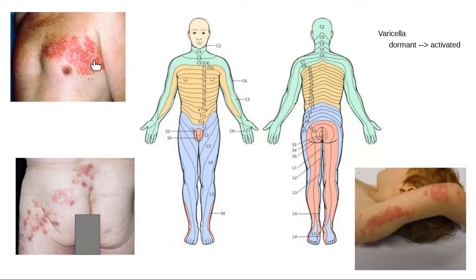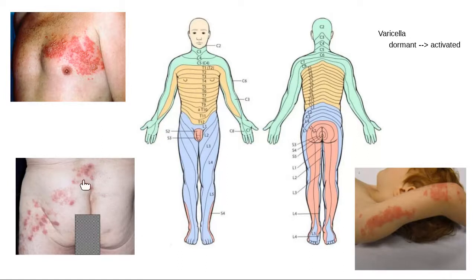Or maybe that virus decided to chill out somewhere else. Notice here how there's a rash going along the back side of the arm. Maybe that virus chilled out in the dorsal root ganglion of C7. Now when that virus becomes reactivated, it causes a skin rash along the dermatome, or the skin that C7 talks to.